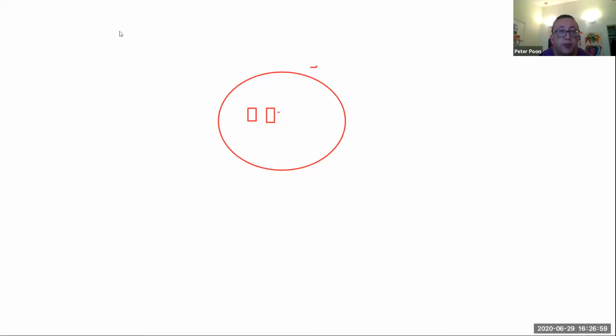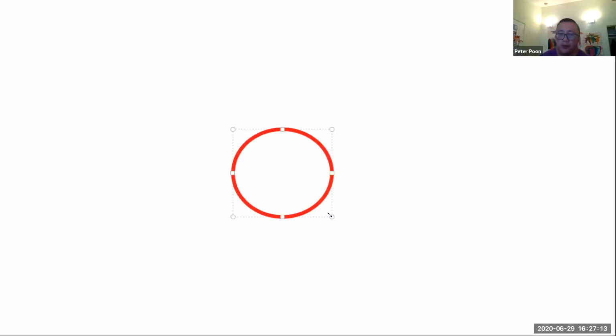is to make a hollow circle. The thick red line is going to be compact bone. Compact bone is extremely dense. And then you're going to have spongy bone on the inside.